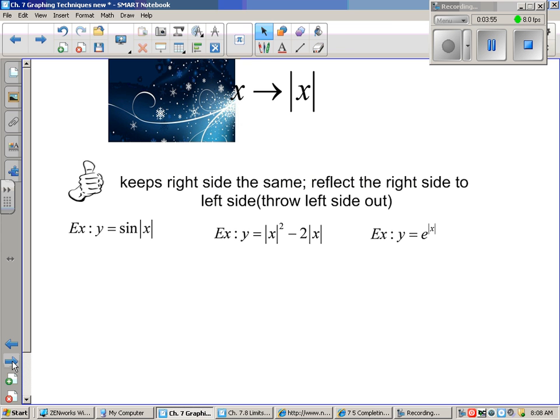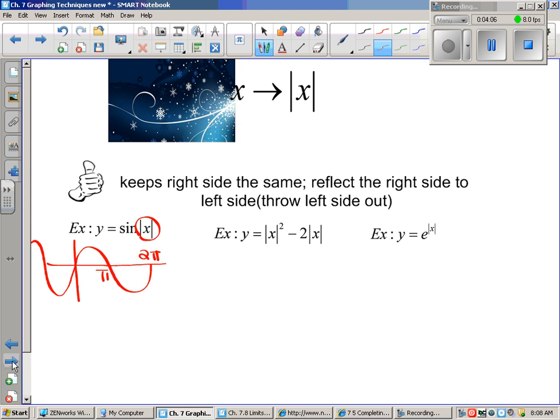Let me just demonstrate that for you. We've used sine x throughout this little thing, so let's use it again. If I have the absolute value and I'm looking at the left-hand side, remember the right-hand side won't change because that's where x's are already positive, so it won't affect that at all. What happens if we're looking at the negative values, at -pi and -2 pi, is this. Again, your right-hand side will stay the same.